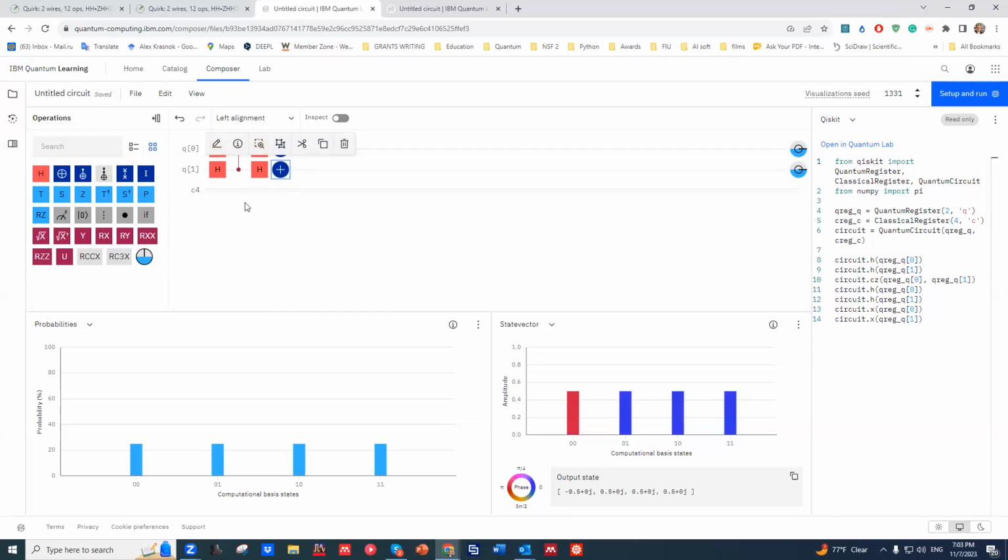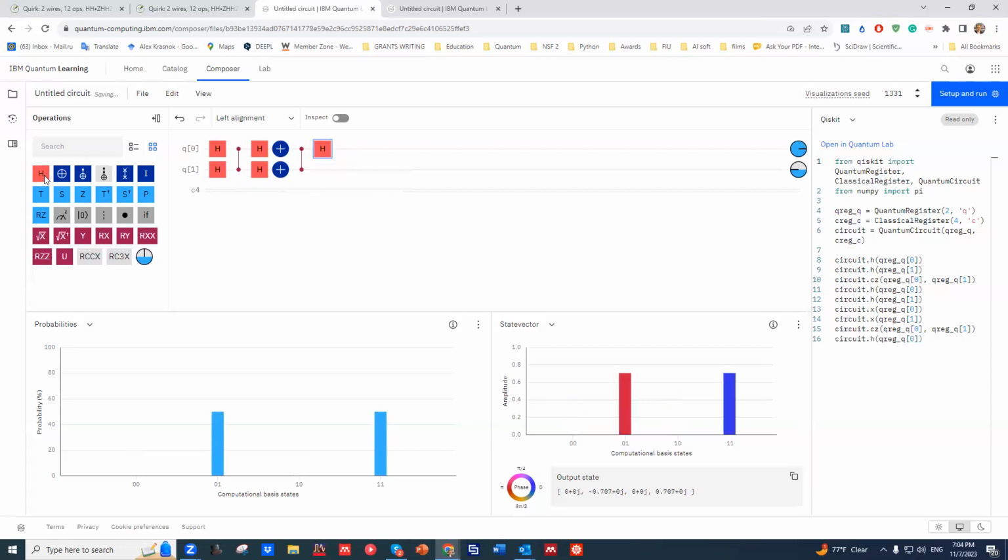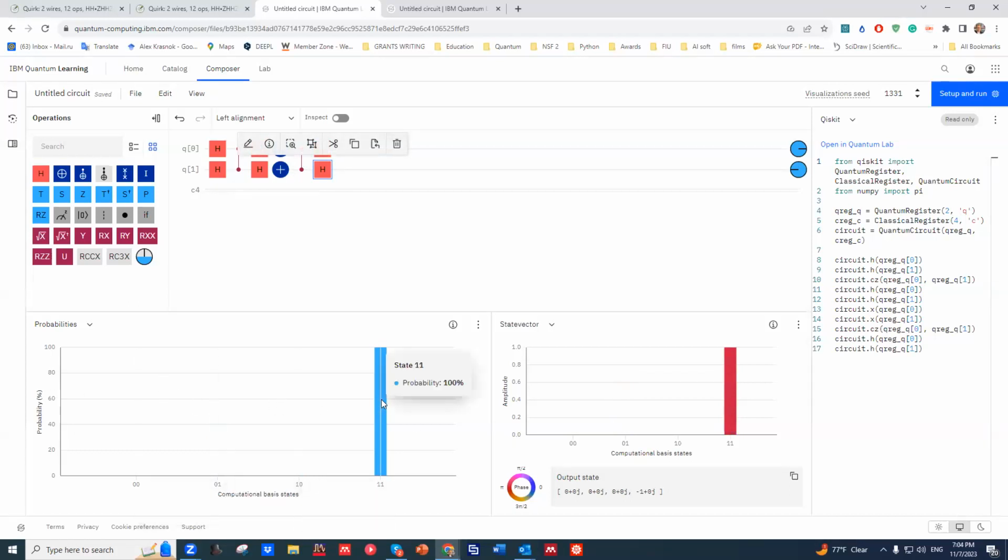Then the Control Z again, so I can copy and paste the gate, and finally closing with H, Z, Control Z, and closing Hadamards. Okay, and the resulting probability is exactly state 1-1.